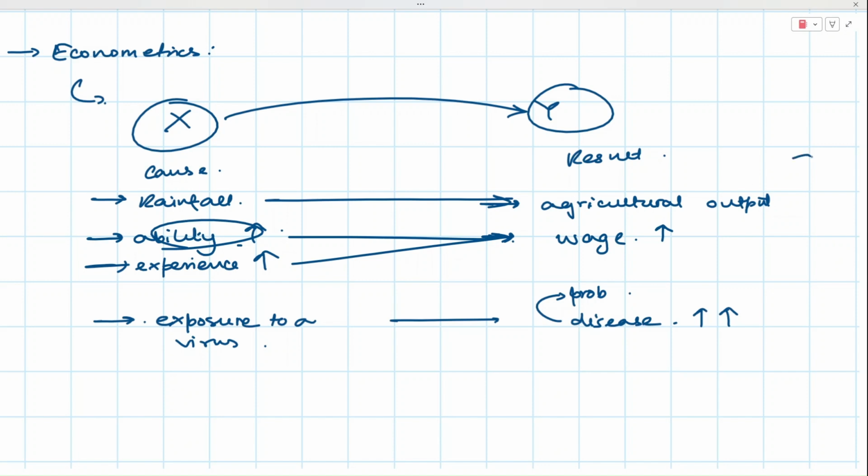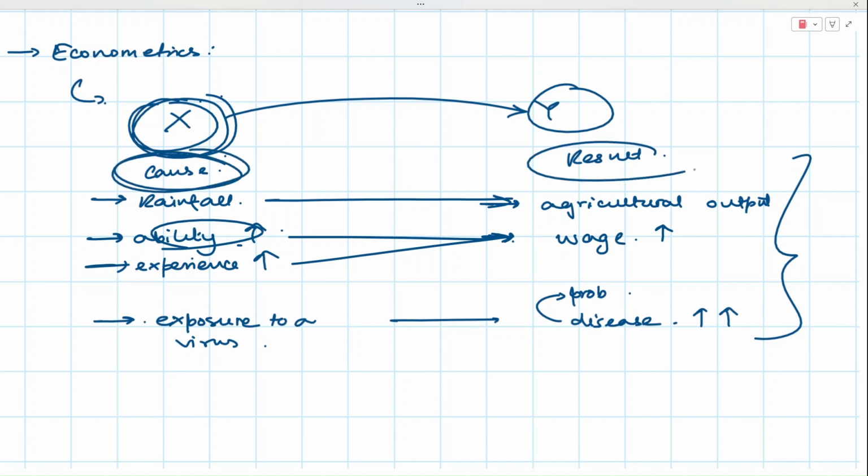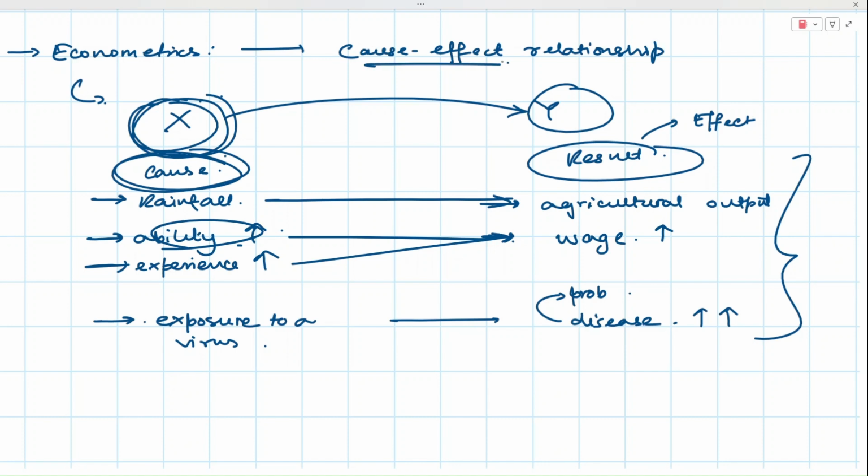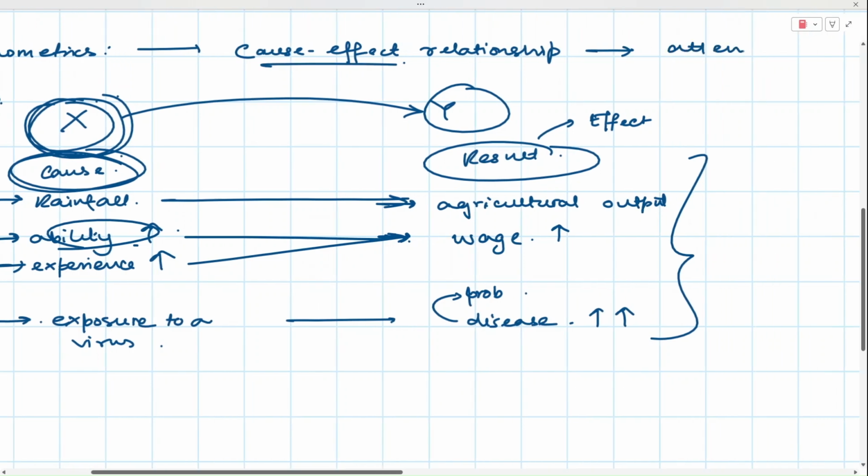The similarity between all these cases is that there's a particular variable that is causing something. There's a cause and then there's a result, or an effect. The main idea I am trying to emphasize is that there's a cause and effect relationship, and that is what we are trying to capture.